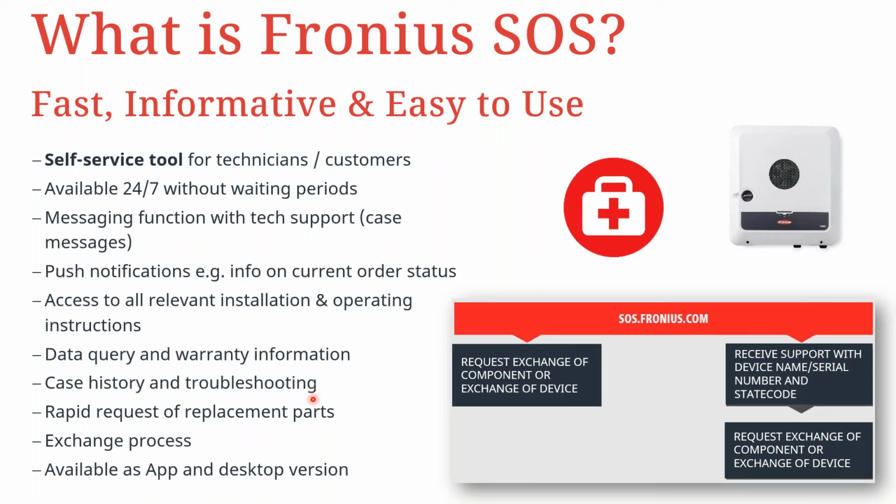Solar.SOS is basically a troubleshooting app from Fronius. It comes in as a self-service tool that is also very handy for technicians, installers, and customers alike. It's available 24/7 without waiting periods. And with it, you can carry out self-servicing and troubleshooting procedures.